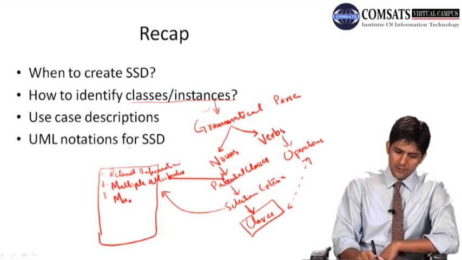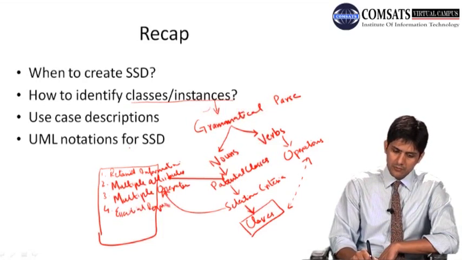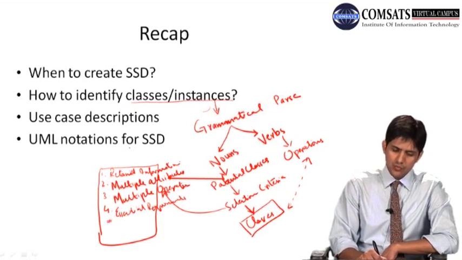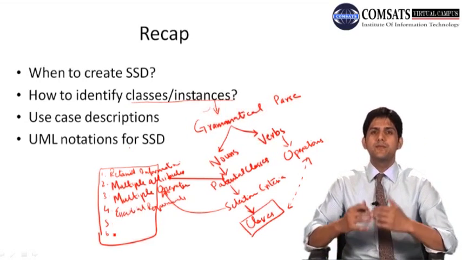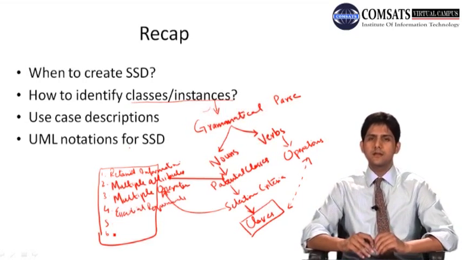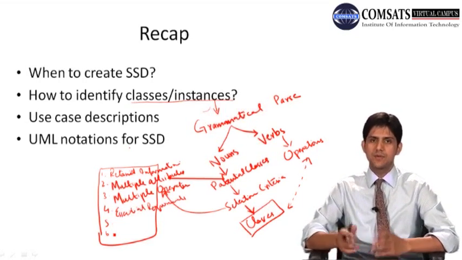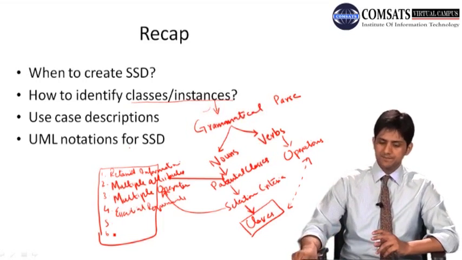Then we had multiple operations, and essential requirements, and there were 2 more. So in all there were 6 criteria, on the basis of which we classify whether a noun is a class or not. We will go through these criteria and how we identify classes once again when we have a complete lecture on how to draw class diagrams.